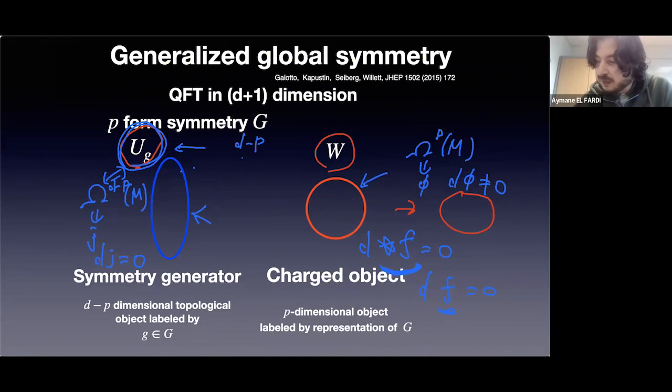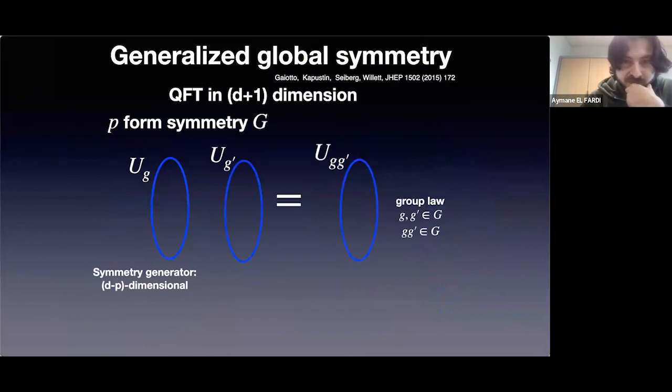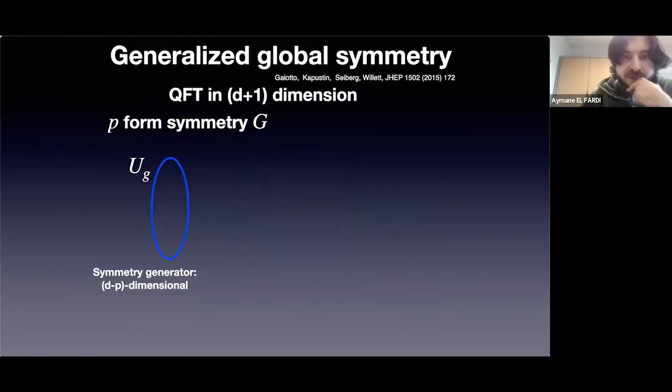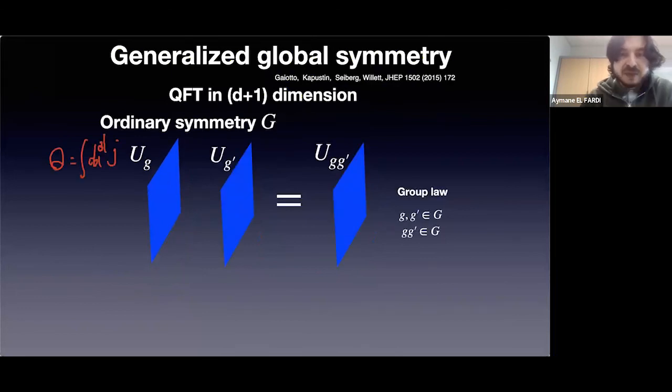One other remark is about when you have written the group law. I think in the slide before this one, can you go back one step? Yeah, the one after, I think.